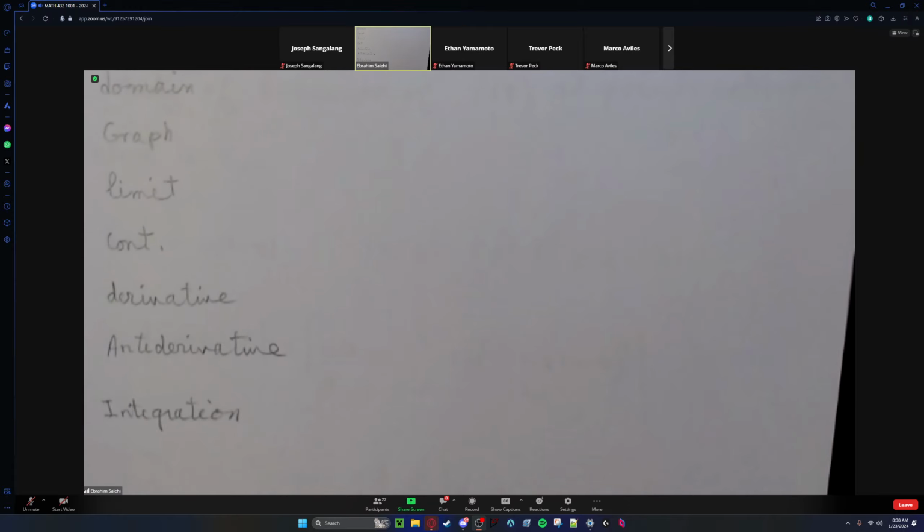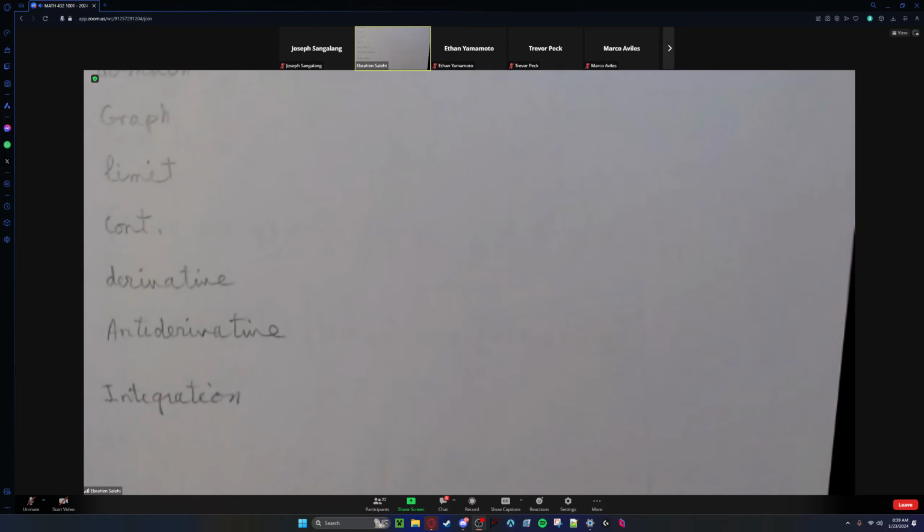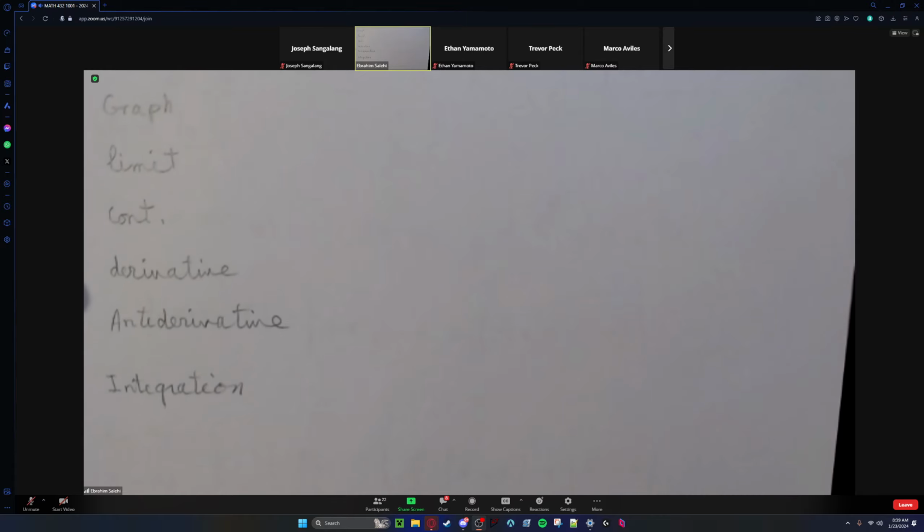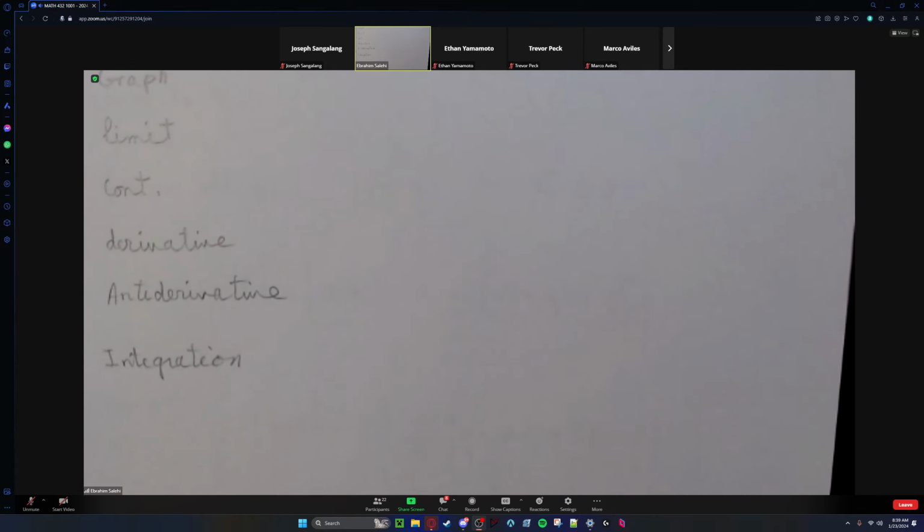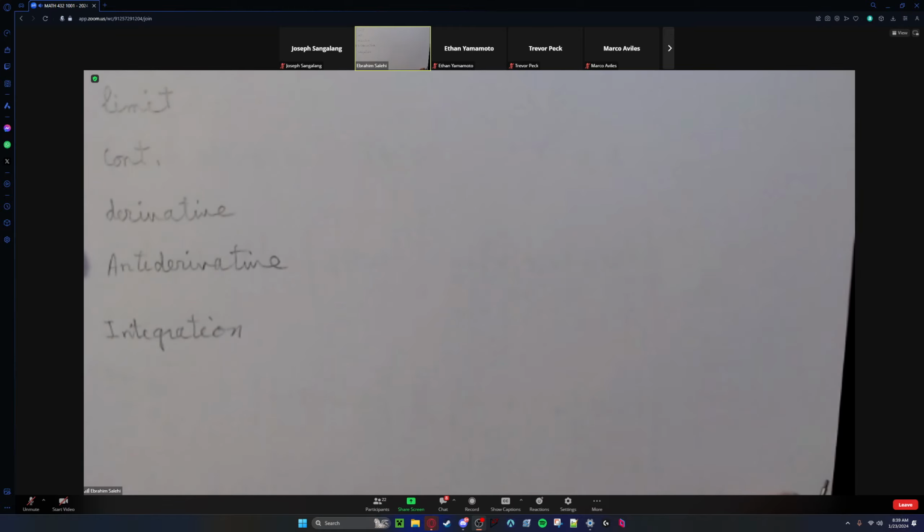So I want to talk, for example, about graph, or well, we will talk about graph later on, but limit and continuity at the moment. But in order to talk about limit and continuity, I want to emphasize one very interesting inequality. Okay, one interesting inequality.